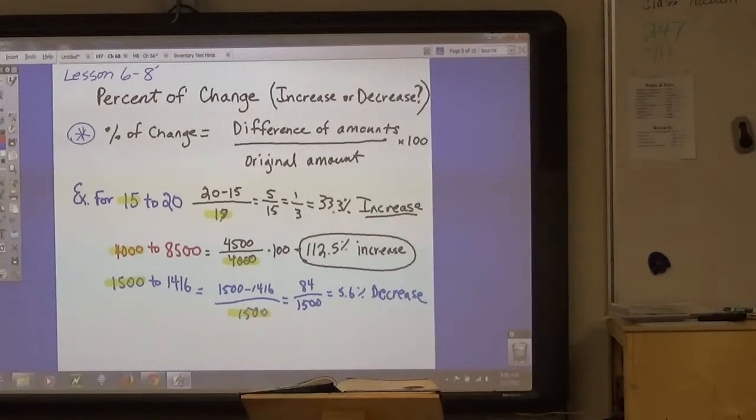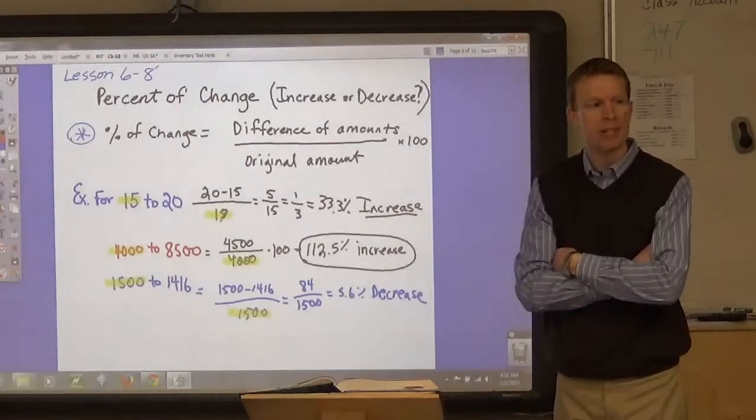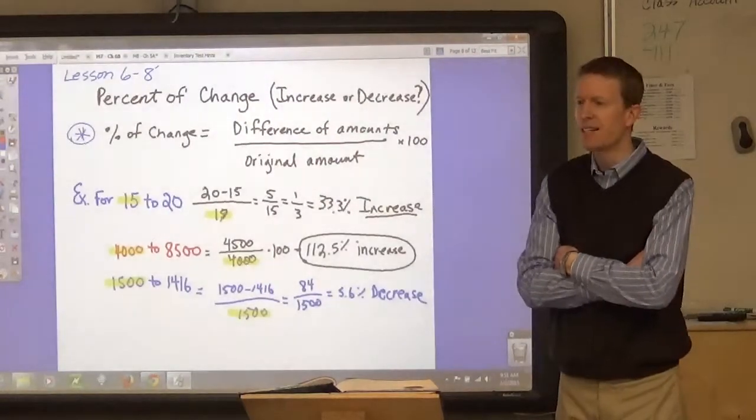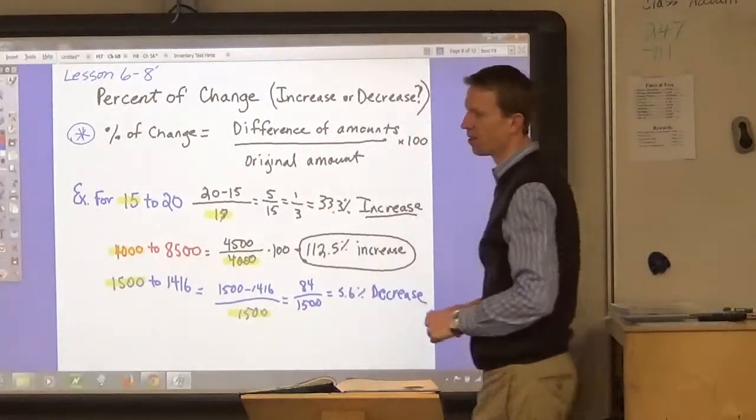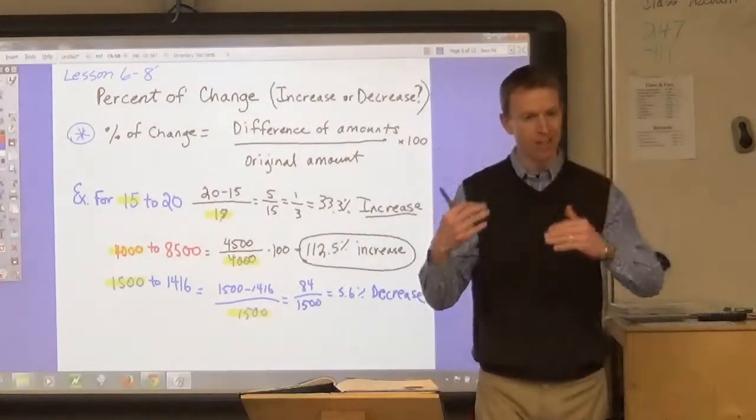Look at your worksheet. Divided by what, Joey? 33. By 33. Why 33 and not 55? Because that's the original amount. Right. 55 minus 33 divided by 33.